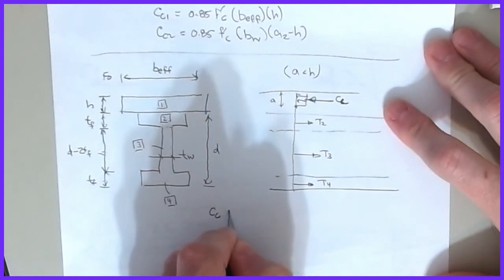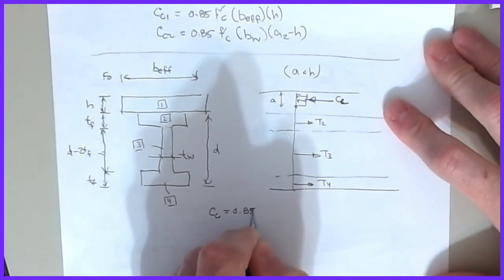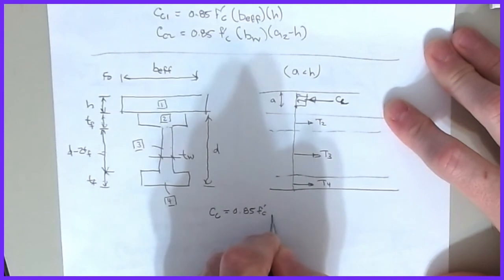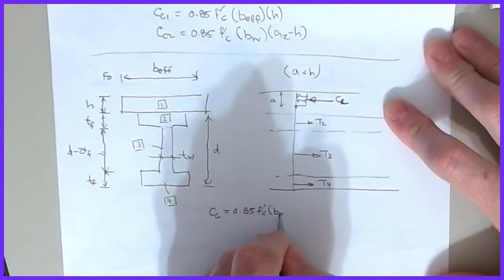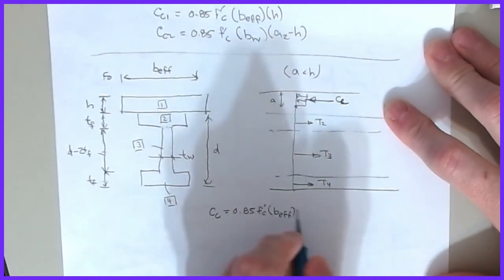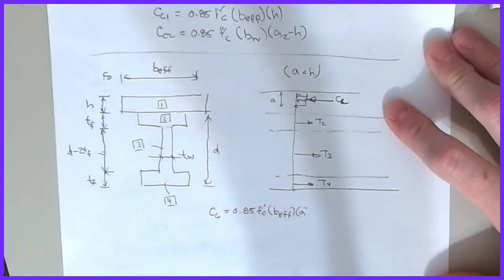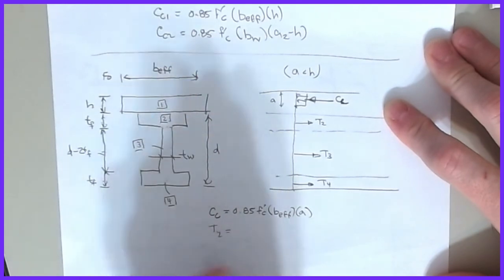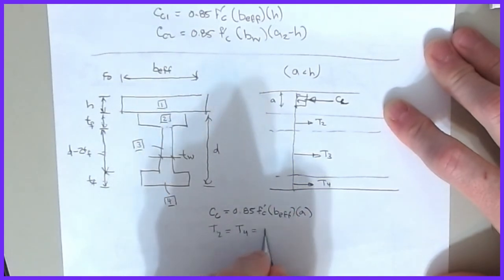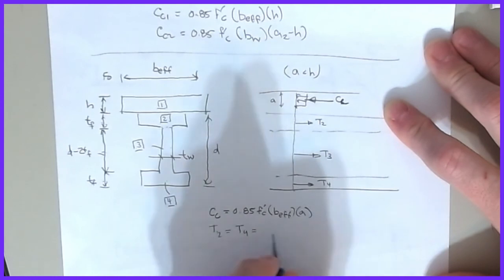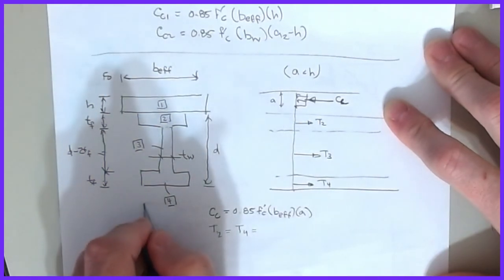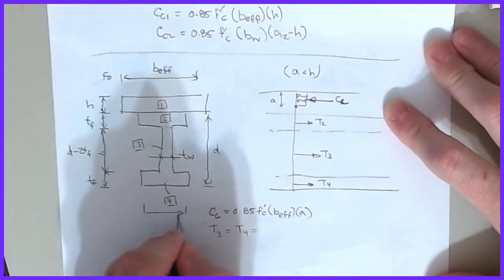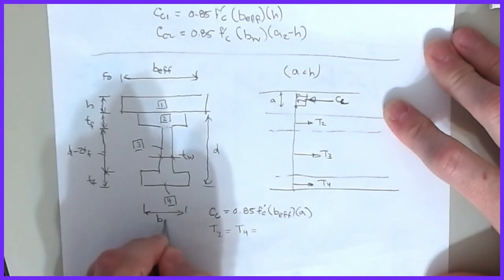All right, so yes. So C sub C is 0.85 F prime C times our B effective, okay, multiplied by A. Okay. And again, we're going all the way up to the plastic moment on this thing. So T2 and T4 are the same. Those guys are just, oops, I need one more dimension. The width of this guy is BF.